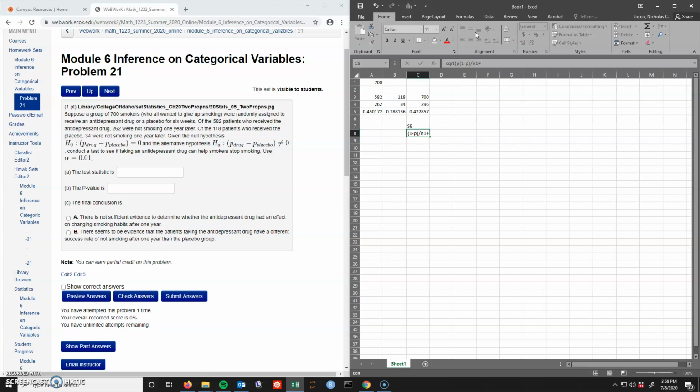Then we do the same thing with p and 1 minus p, and divide by n2, the total number of participants in the second group. So that's my formula for the pooled standard error.